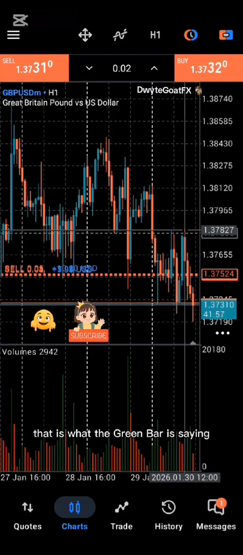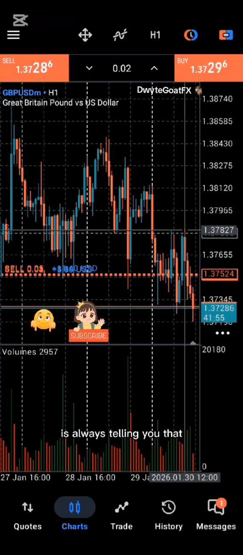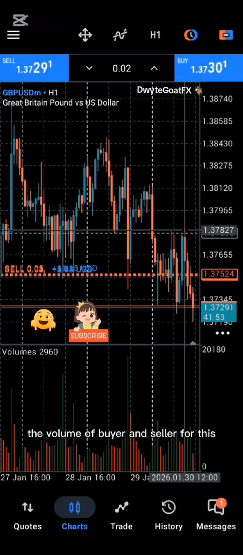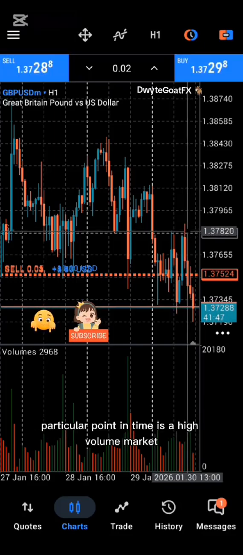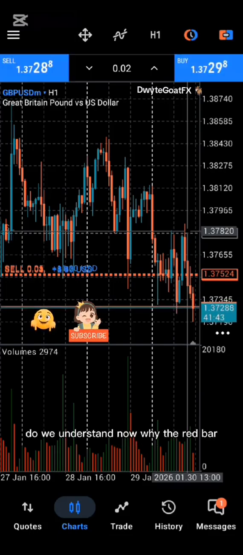That is what the green bar is saying. It's always telling you that the volume of buyers and sellers for this particular point in time is a high volume market. Do we understand?